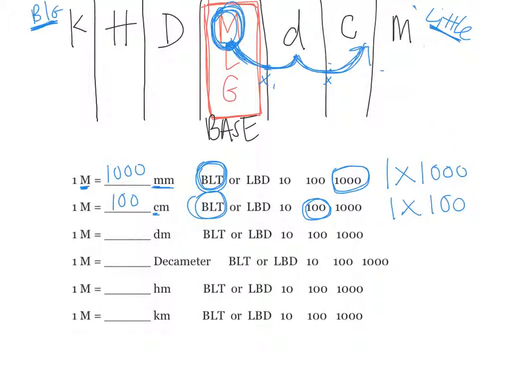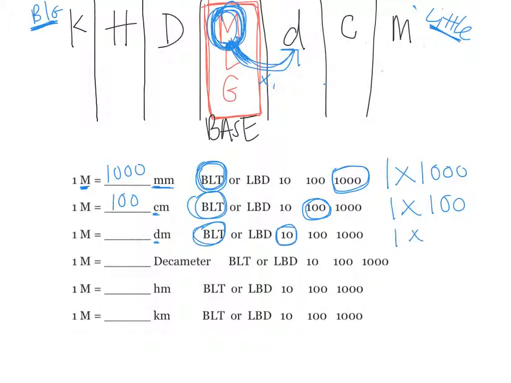Next, my example wants me to go to lowercase d, and that stands for decimeters. So I'm going to erase my chart again. And I'm starting at the meters again in the base area. And this time I'm moving to the right, but I'm only going to move once. And so I'm still going from big to little. This is still BLT. But since I moved one time, it was just times 10.